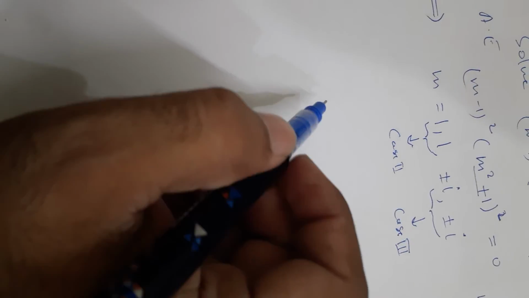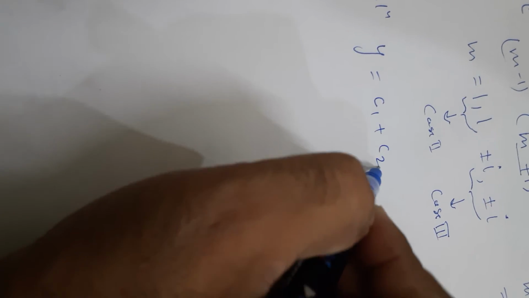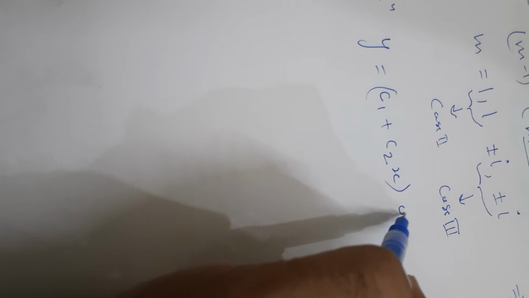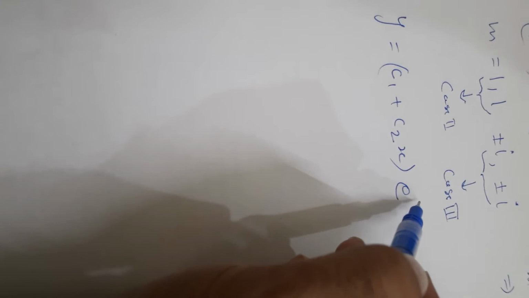For this we use case second, and this comes from case third. Therefore the solution: y = ... 1 is repeated 2 times, so we write (c1 + c2 x) e^(1·x), where the repeated root is 1.